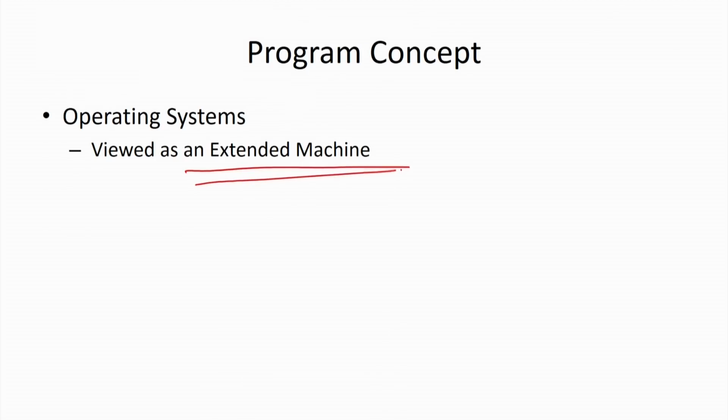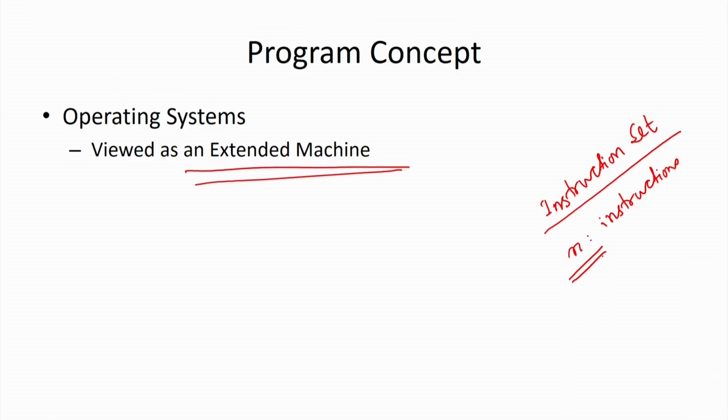Why are we talking about an extended machine? Because every computer or every processor has a specific instruction set. It depends on the power of the processor, and we can say we have n number of instructions. Whatever we are going to do, we do with the help of those n instructions only.